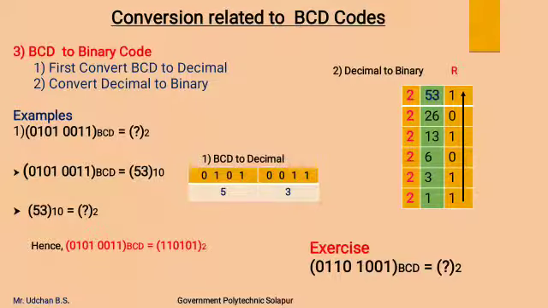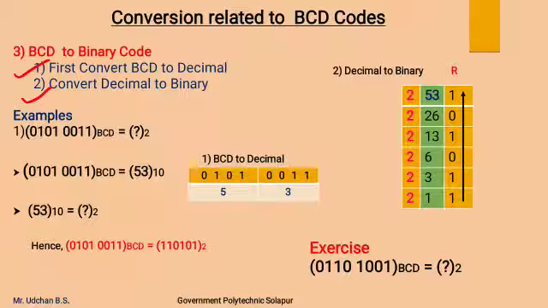Now the third conversion is BCD to binary conversion. Again here also we cannot convert a BCD to binary directly. First we have to convert a given BCD number into the decimal, and that decimal number can be converted into the binary. So BCD to decimal can be written using the 8421 formula. After that the decimal number is divided by 2 to get its equivalent binary number.